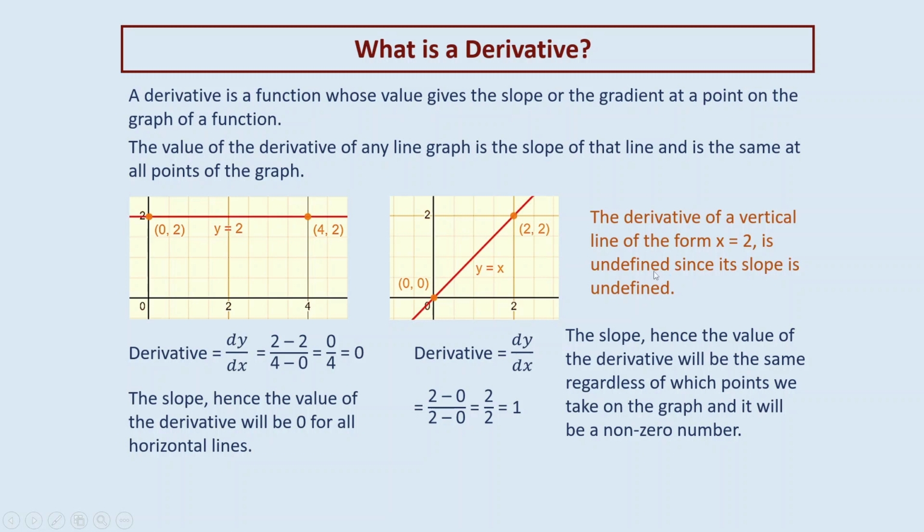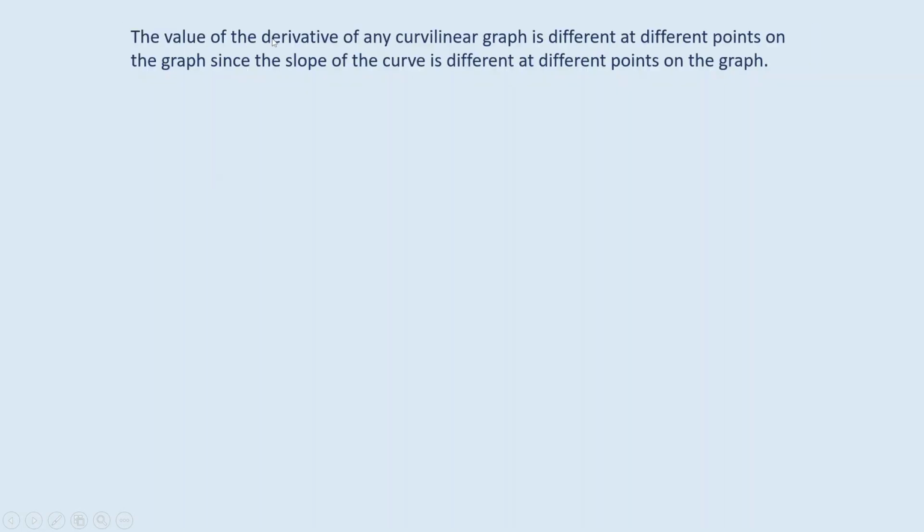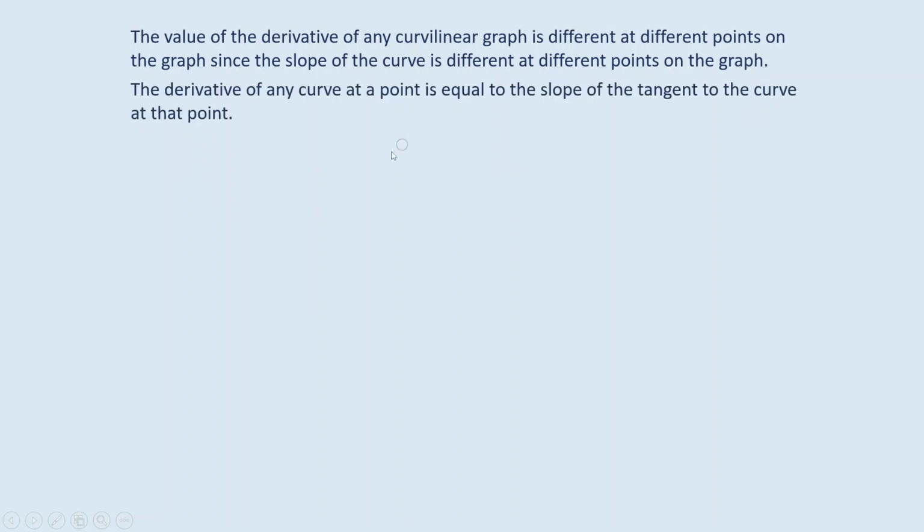Now we come to curvilinear graphs. These were just line graphs, but we have other types of graphs as well. The value of the derivative of any curvilinear graph is different at different points on the graph, since the slope of the curve is different at different points on the graph. Let us see.